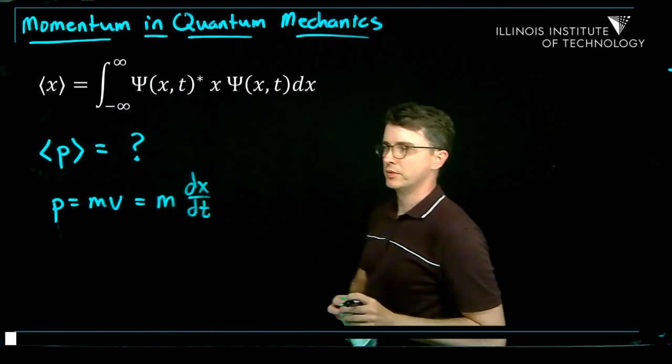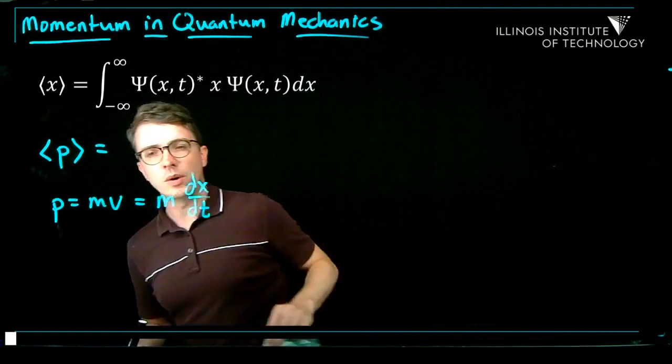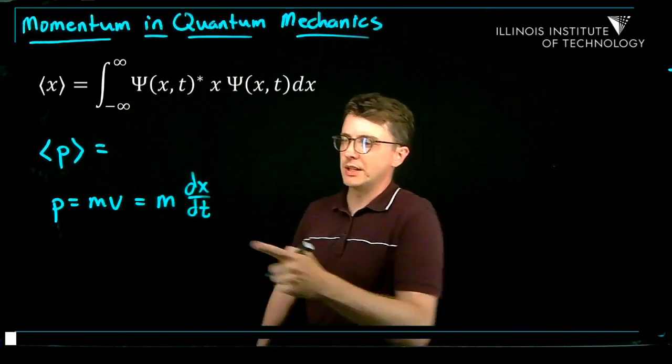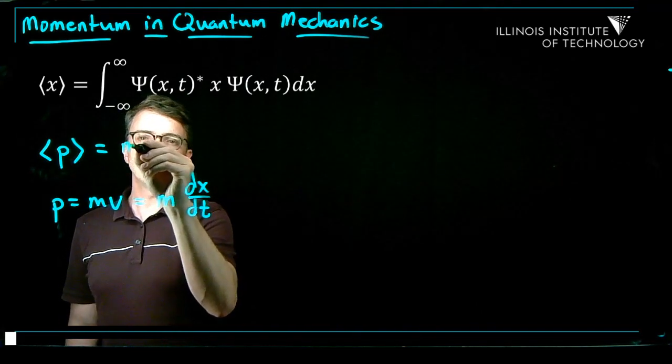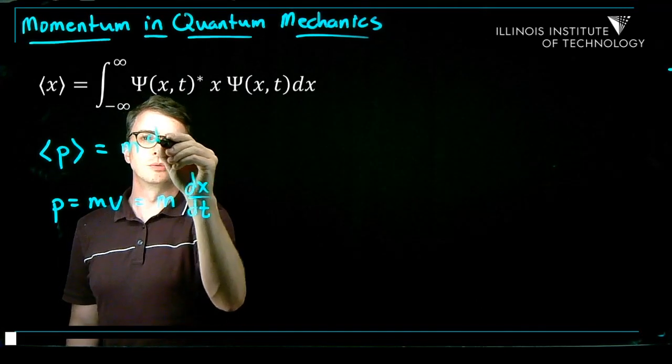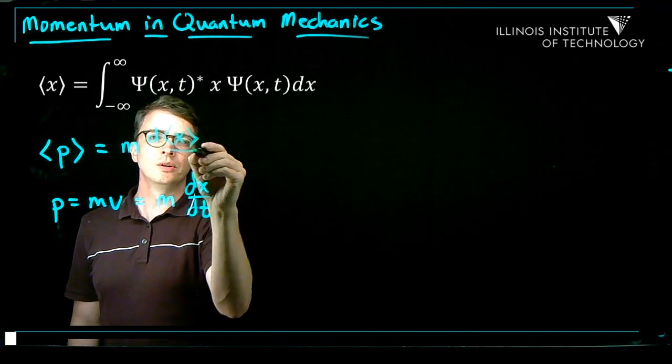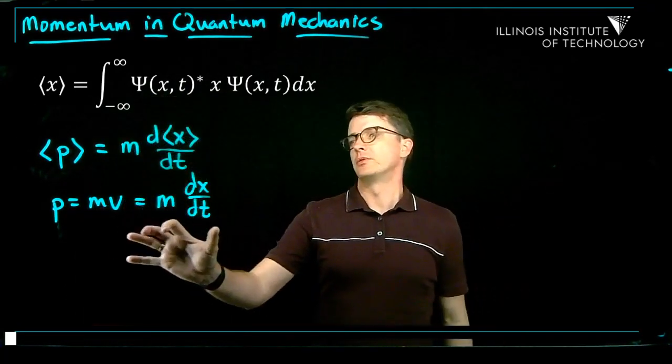This is true in classical physics. In quantum physics, you can still use these same classical laws, but they only apply to averages. So what I would write here is the average momentum is m times the derivative of the average position with respect to time.